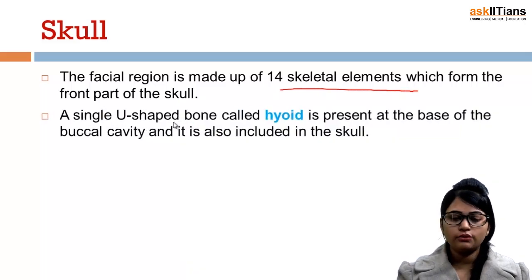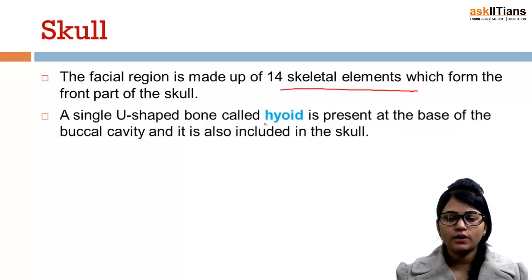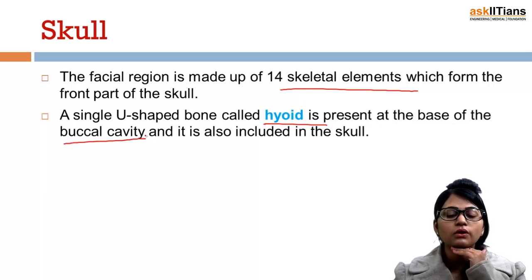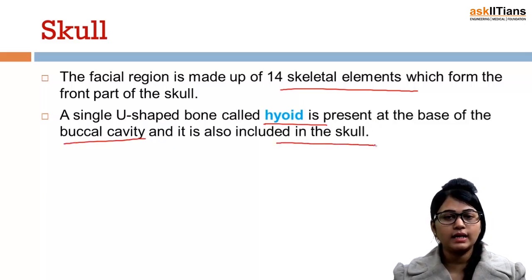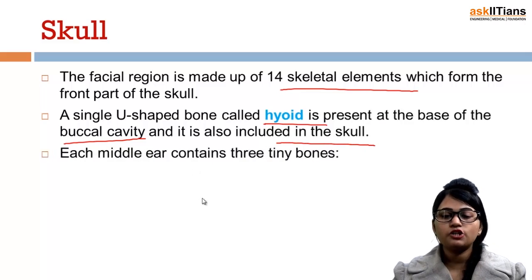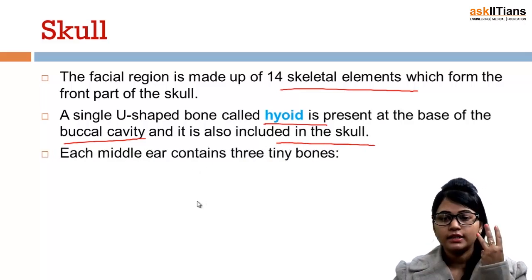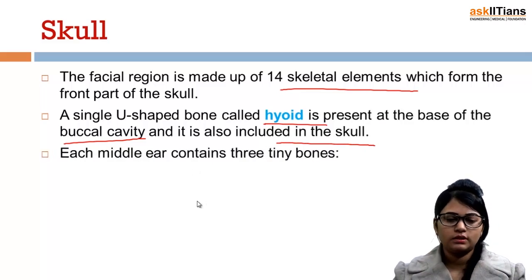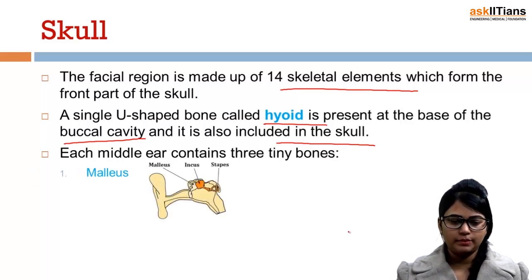A single U-shaped bone called hyoid is present at the base of the buccal cavity and is also included in the skull. Each middle ear contains 3 tiny bones. Malleus, in the diagram I am showing you, it is malleus.